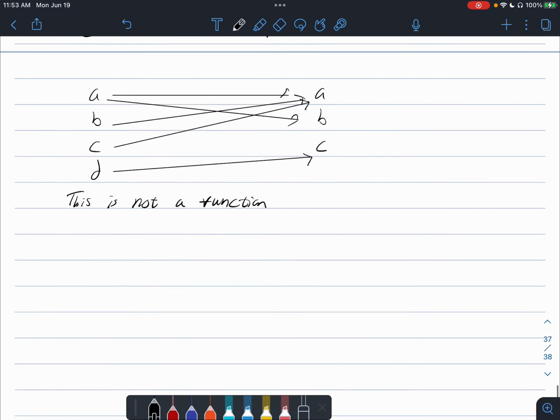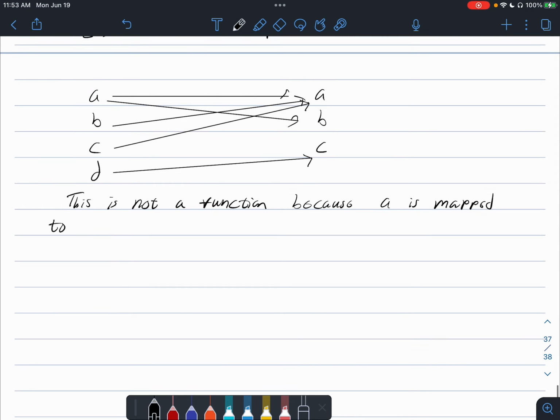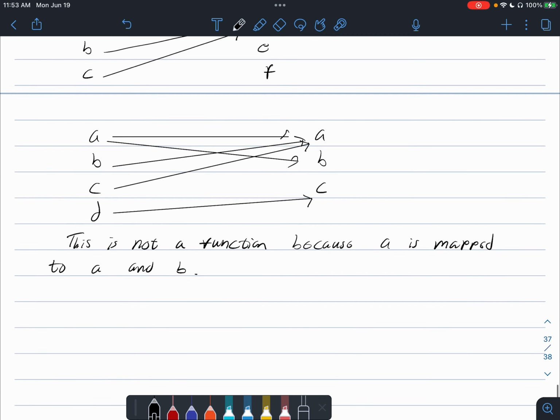The reason is that A is mapped to A and B. So if you ever have any value in the domain being mapped to more than one value in the range, you are not dealing with a function.